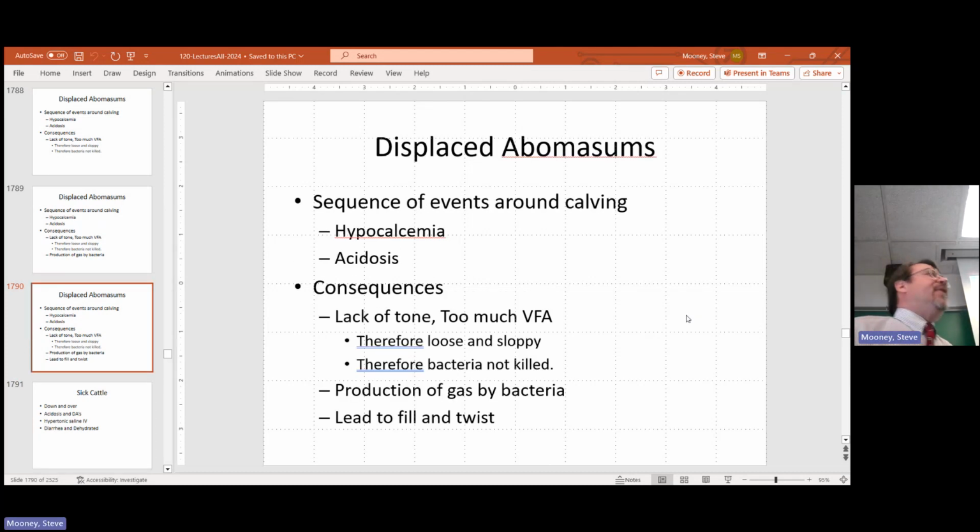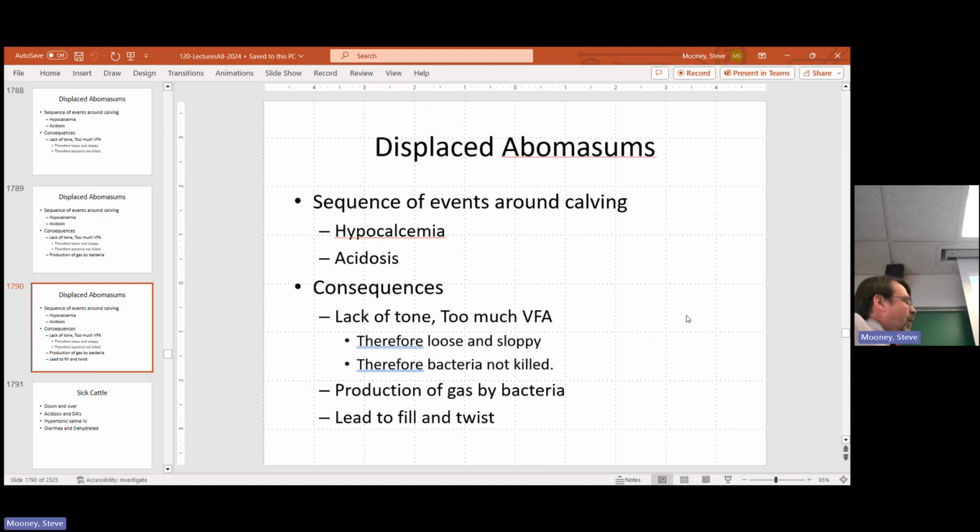Like I said, that's my theory. Does that make sense in a stepwise fashion? So we have circumstances here, but they certainly follow a logical sequence to lead to that displaced abomasum, that twisted stomach.